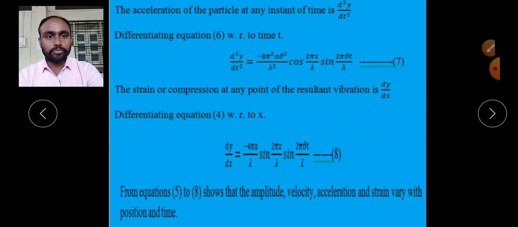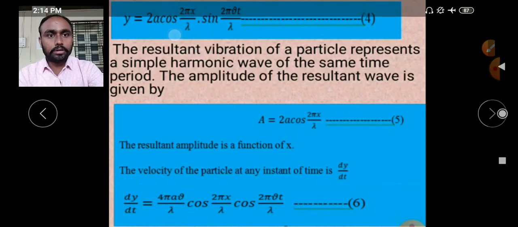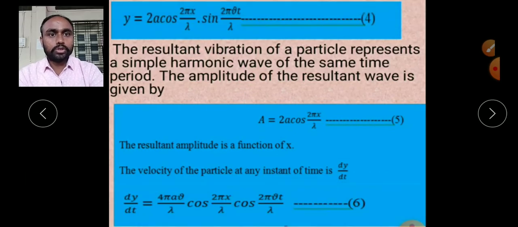So, what is equation 4? Equation 4 is y, and for dy by dx, let us differentiate this with respect to x. Here 2a is constant, and the second term, sin 2 pi Vt by lambda, is also constant because we are differentiating with respect to x. The derivative of cos 2 pi x by lambda with respect to x: the derivative of cos is minus sine, so minus sine 2 pi x by lambda, and by the chain rule the inner theta gives 2 pi by lambda.